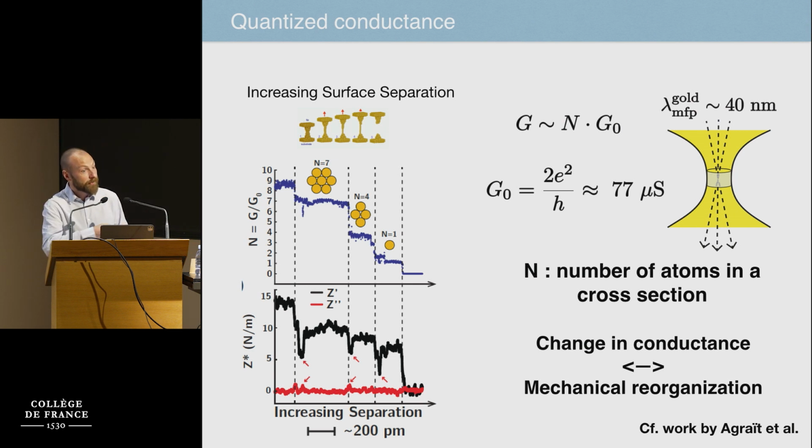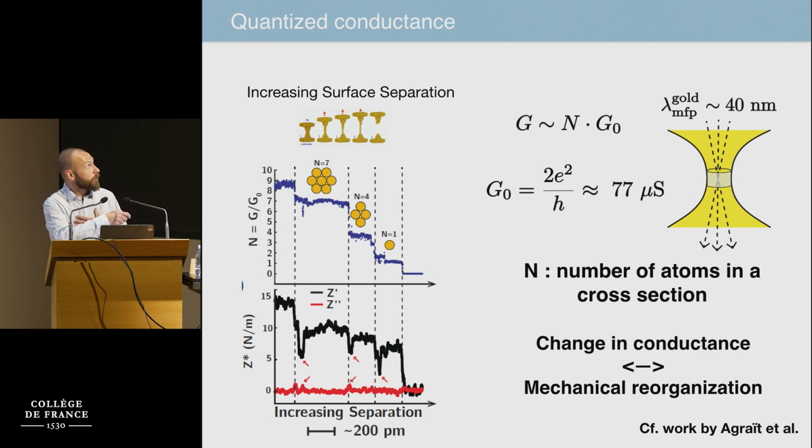But then when you enter the really last part, you observe a step-like evolution of the conductance, which is basically a signature of the fact that the size of the junction changes at the level of individual atoms. This is happening basically for lateral sizes below the mean free path for electrons in gold, which is on the order of 40 nanometers.